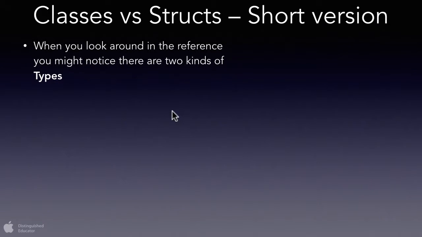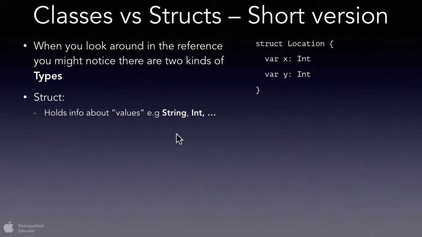When you look around in the reference, you might notice there are 2 kinds of types. We have something called a struct, which is short for structure. It holds info about values like strings and integers and similar things. So here I've constructed a really simple struct called location.